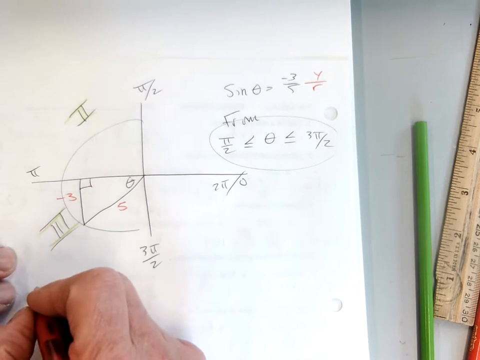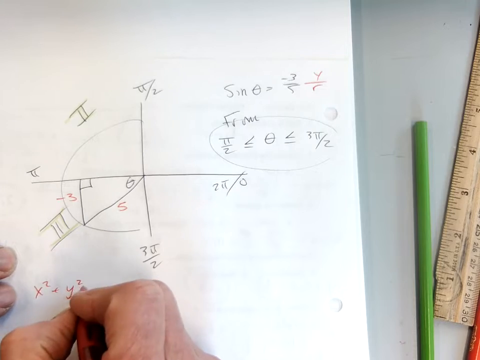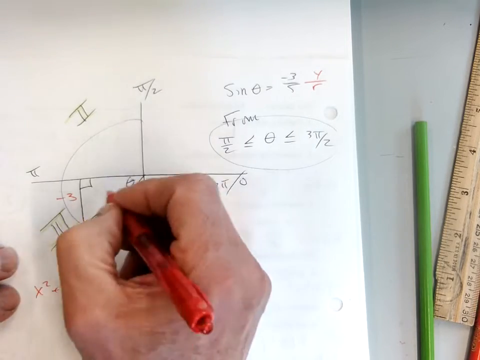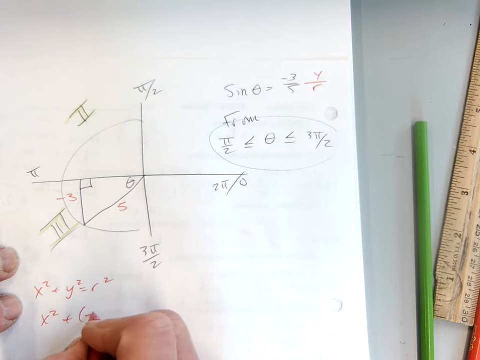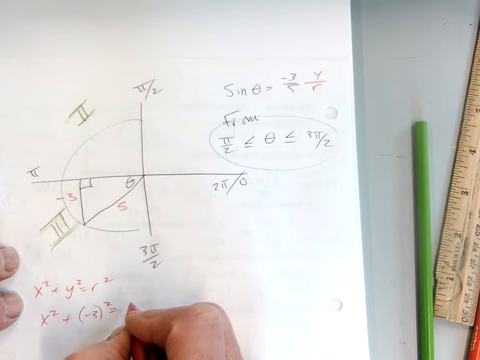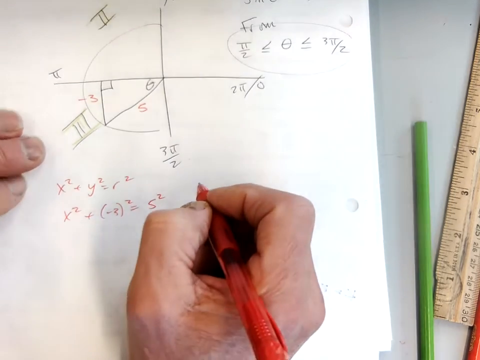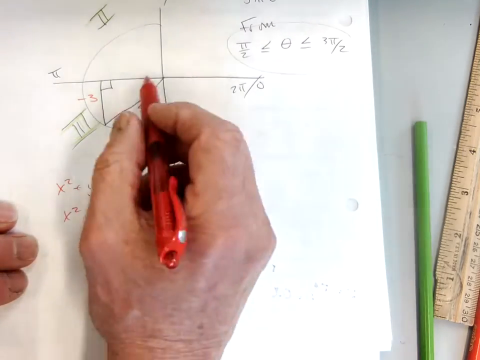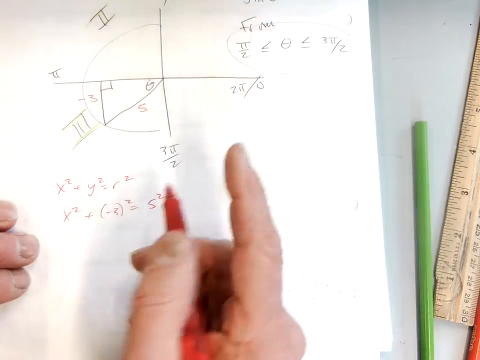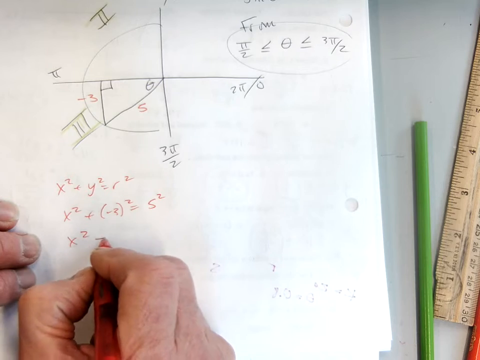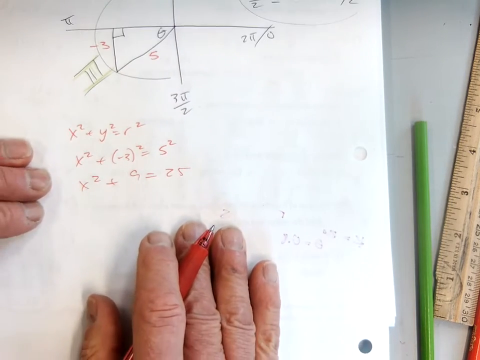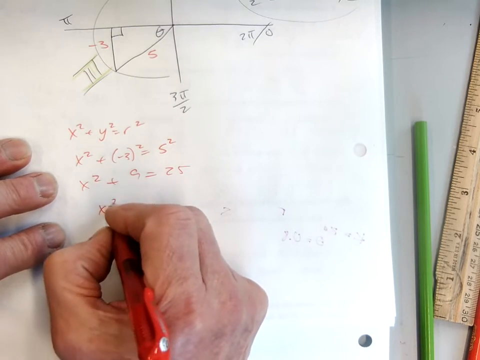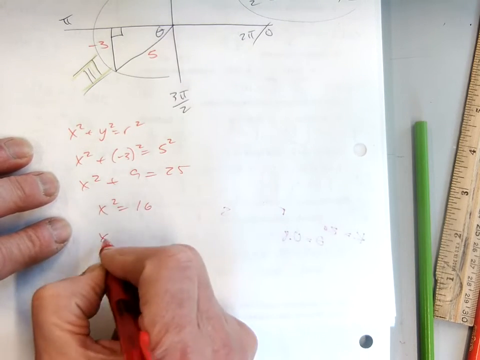So a squared plus b squared, or x squared plus y squared equals r squared, right? I need the x value. So I get x squared plus a -3 squared equals 5 squared, right? So I'm just proving this has to be 4, but we'll show it. X squared plus 9 equals 25. Subtract my 9, x squared equals 16. Square root now.